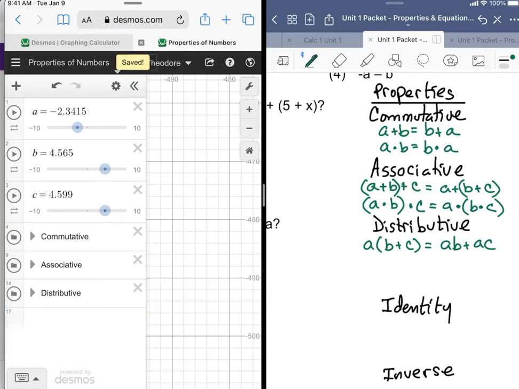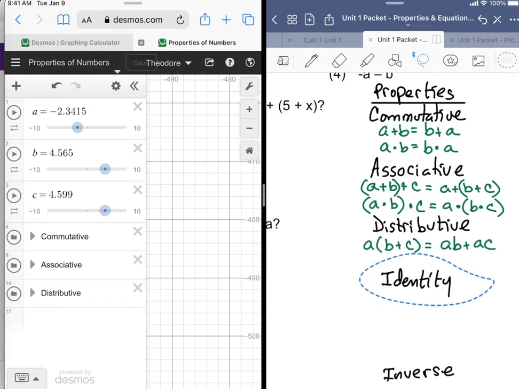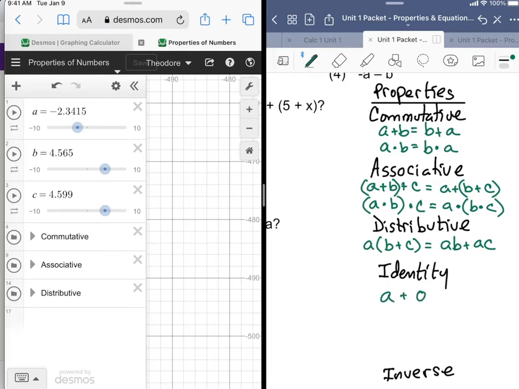All right, next up is identity. Identity is pretty simple. It's just that if you take any value, we'll call it A, and add 0 to it, you preserve the identity of the value A. All right, A's identity remains the same.